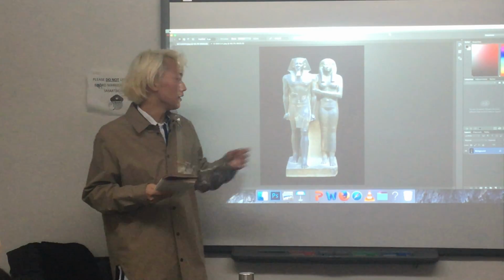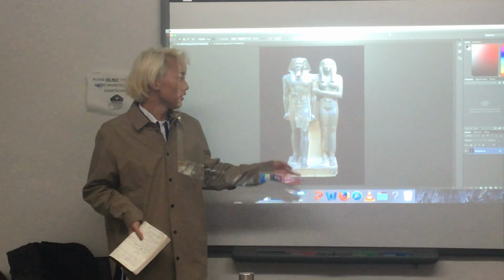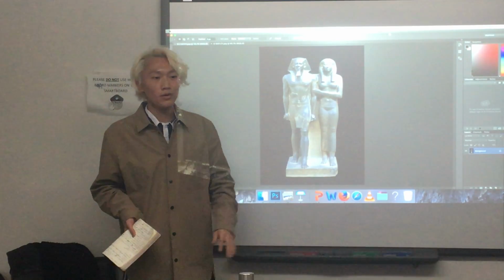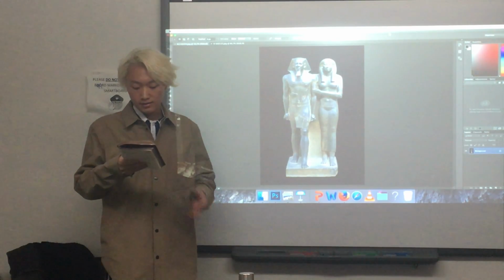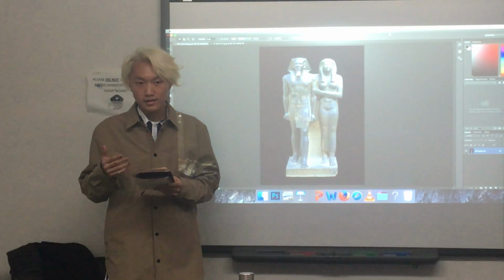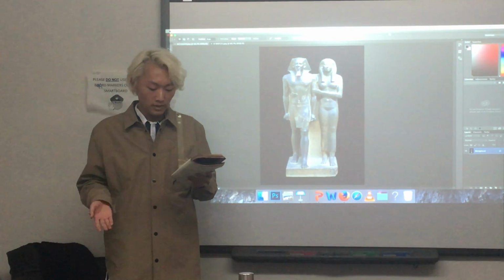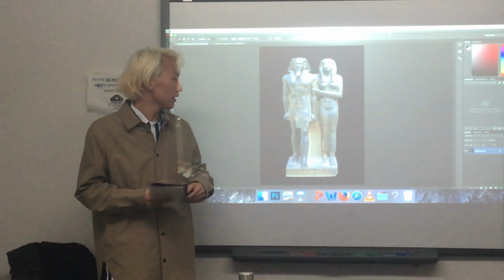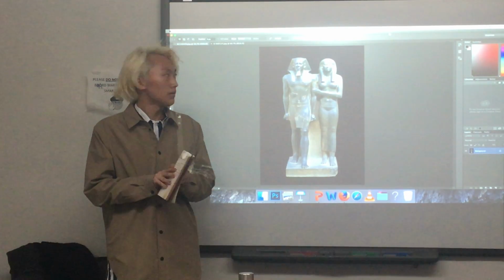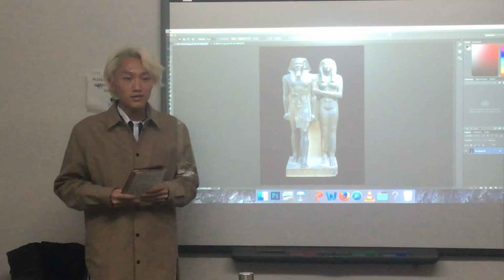What's special about her is that her left leg is also slightly forward, just like the king. But usually in Egyptian art, the female figure would have both feet together instead of this. So this woman is special.